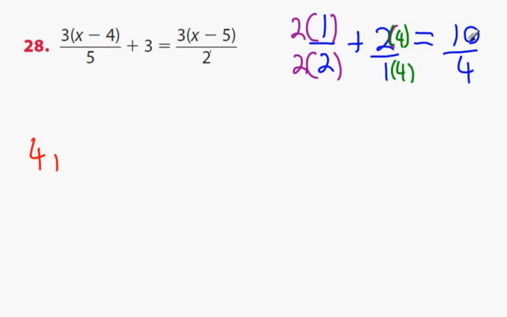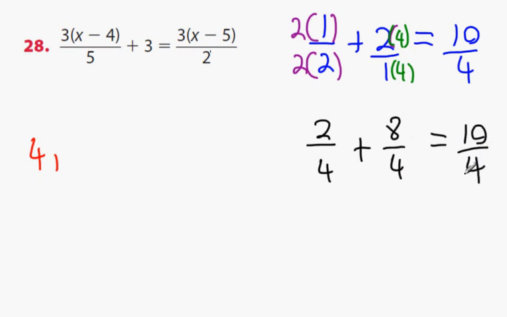And this one here is already in quarters. The formula now becomes 2 over 4 plus 8 over 4 equals 10 over 4. We can say right away that's equal. We can actually see it now, can't we? 8 plus 2 is 10. I can also get rid of the bottom, can't I? Is it still balanced if I get rid of the bottoms now?